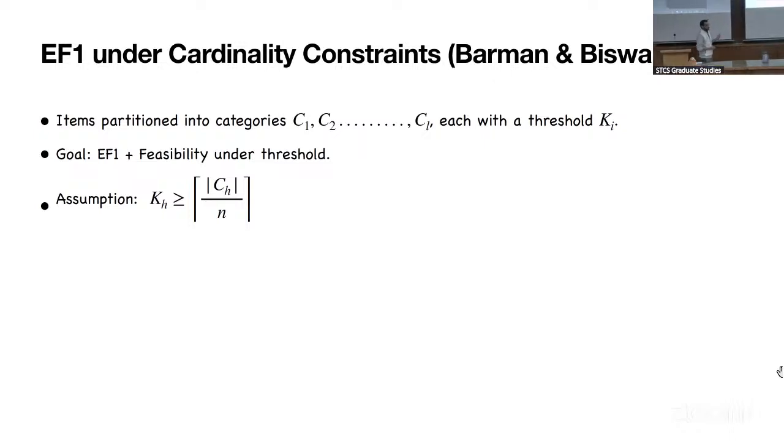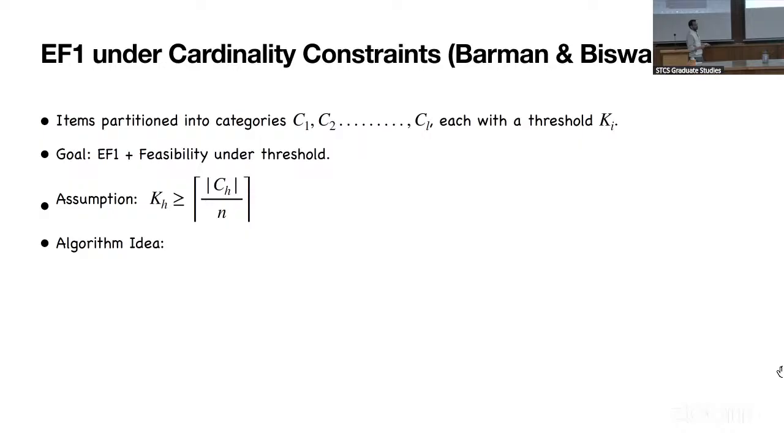There is one assumption, and we require it because the threshold must be greater than the number of items in the category divided by the number of agents. Because if we want to allocate the items completely, otherwise we cannot. We may have to leave some items unallocated. So this is kind of a requirement.